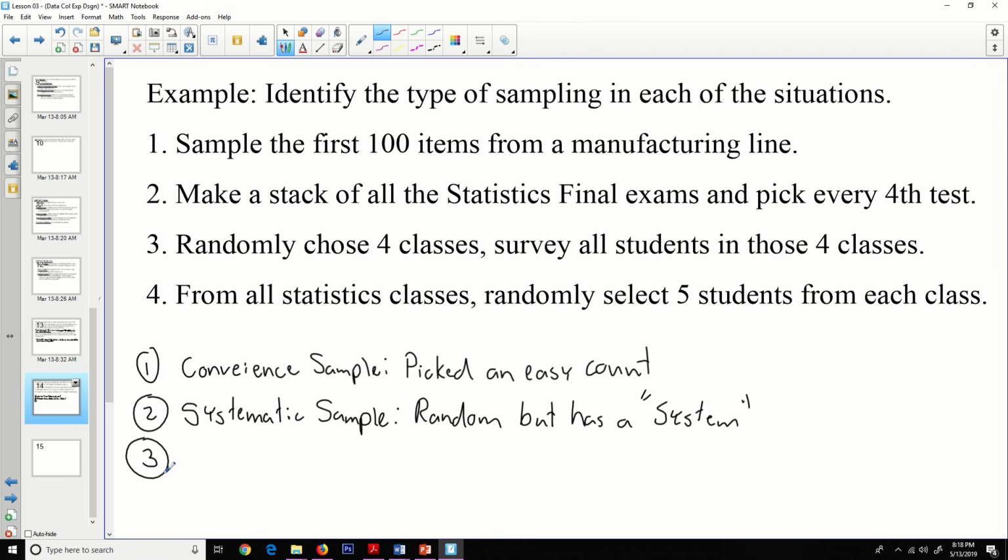Number 3, this is clearly a cluster sample.